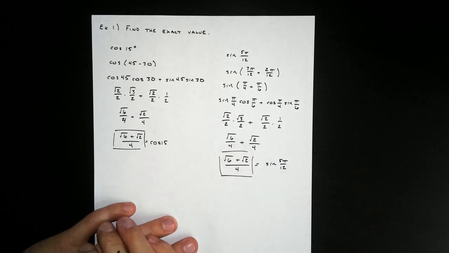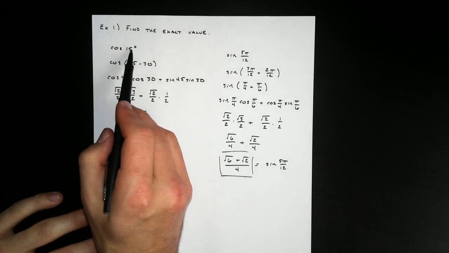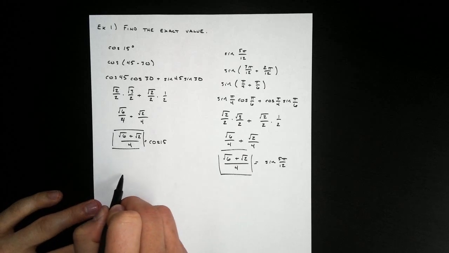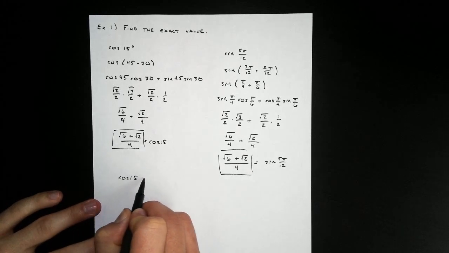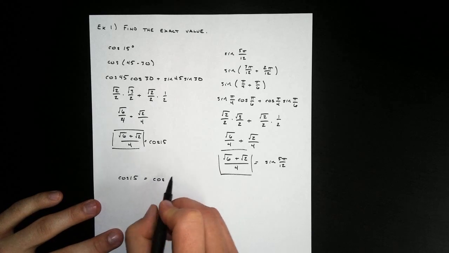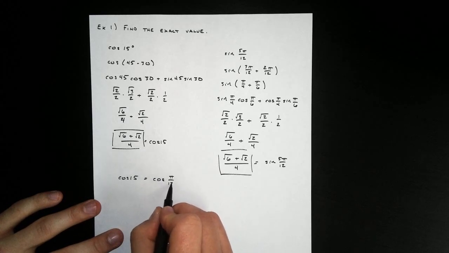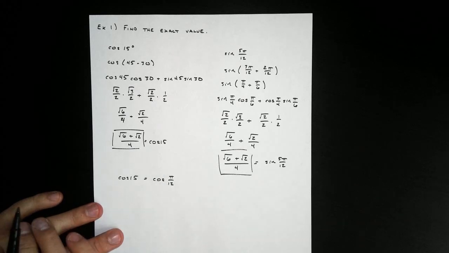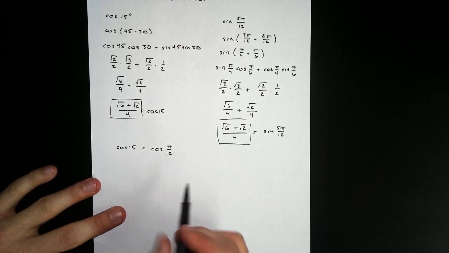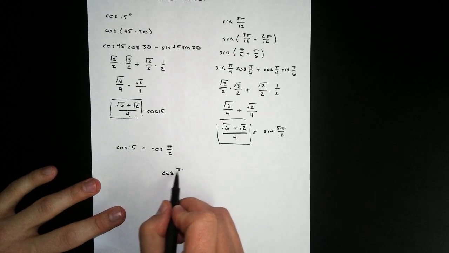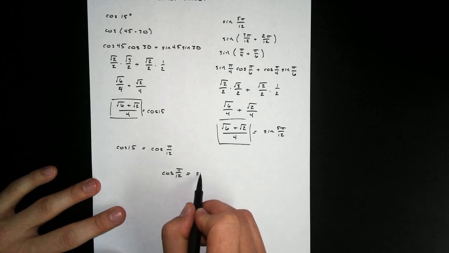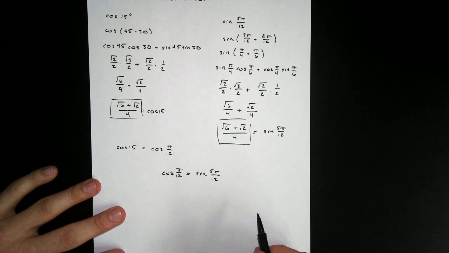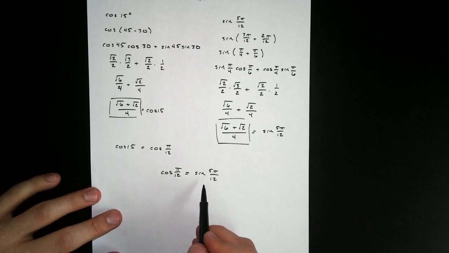Which is not too surprising. If I rewrite the cosine of 15 in terms of radians, 15 is half of 30, so half of pi over 6, we get the cosine of pi over 12. And the cosine of pi over 12 is the same as the sine of 5 pi over 12. That makes sense.